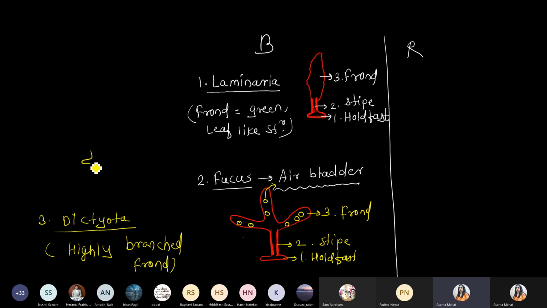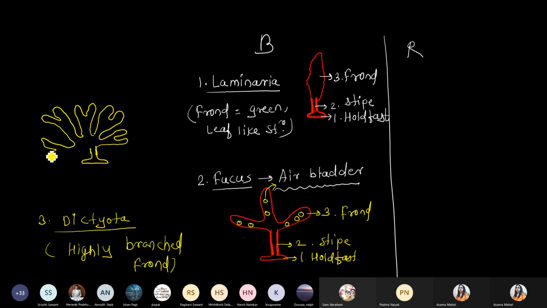These are the holdfast. There will be a slight stipe region, but in this scenario the frond structure will be showing branching like this.